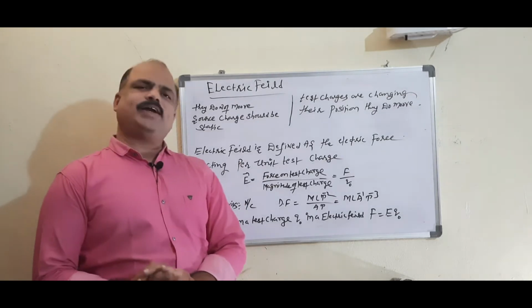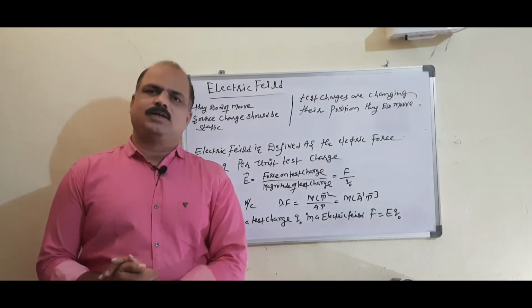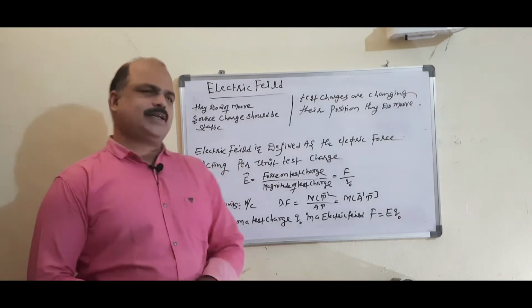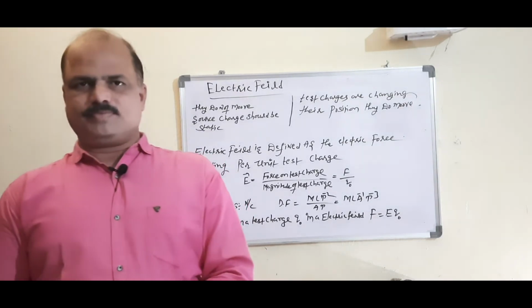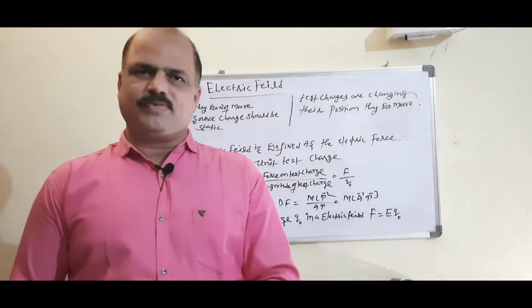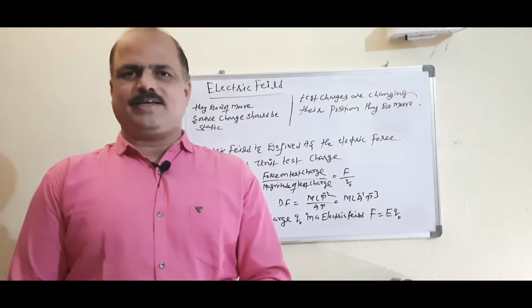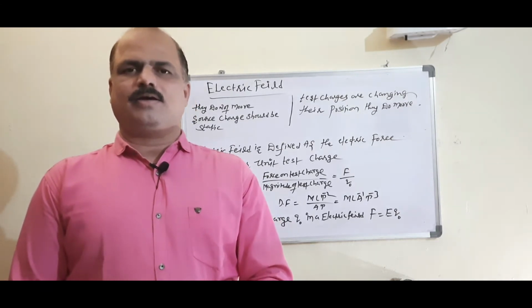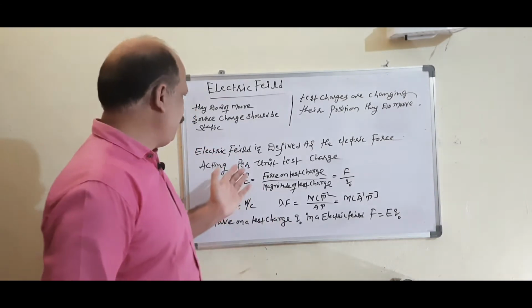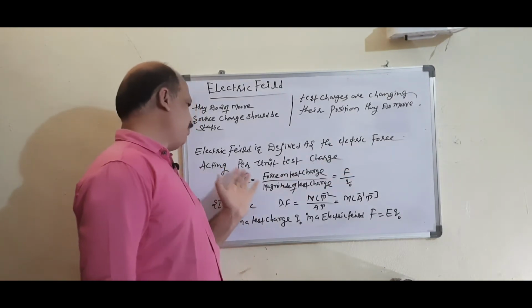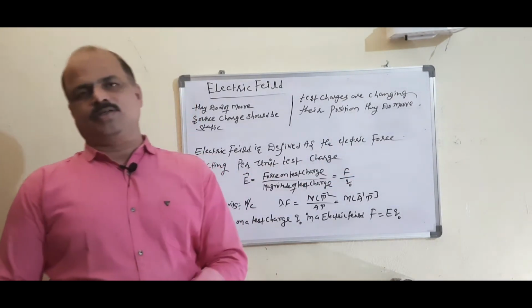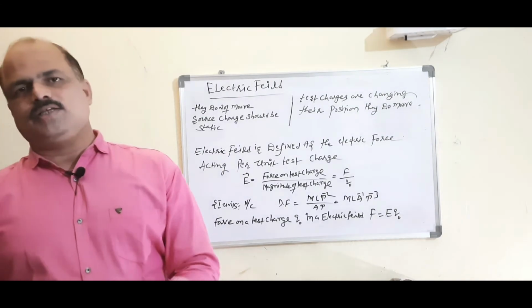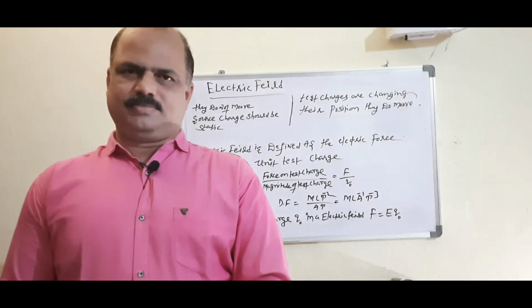Now, electric field is defined as electric force acting per unit test charge. How is it measured? Electric field is defined as electric force acting per unit test charge. This is also called electric field intensity.